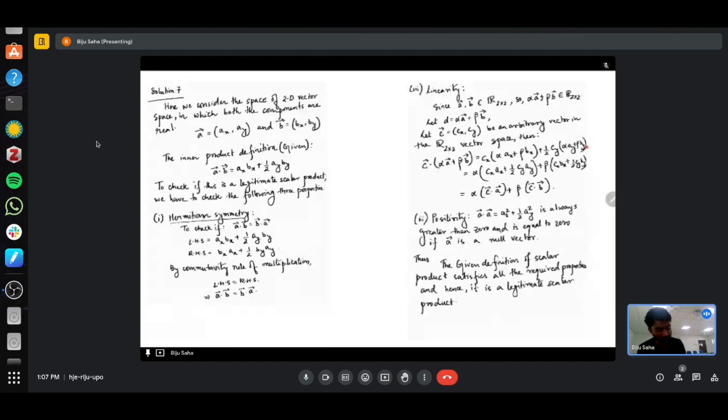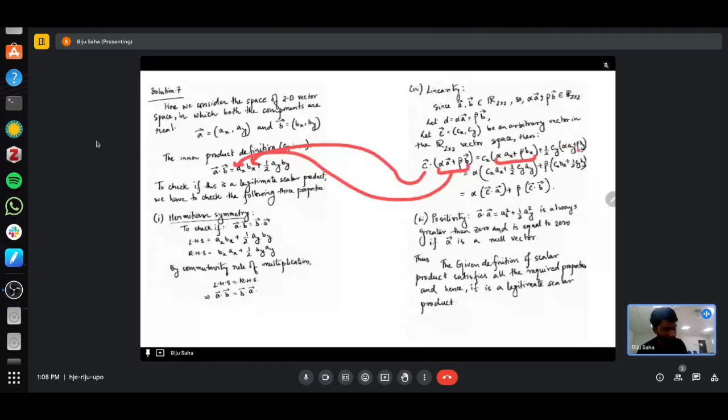This is just taking the X component of the linear combination. The X component of this linear combination is alpha AX plus beta BX. That is why I have written the first term like this, and the second term involves the y component of C and the y component of this entire thing.